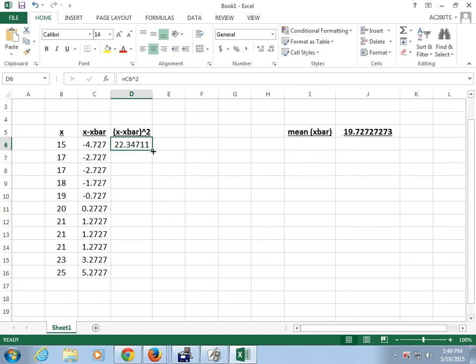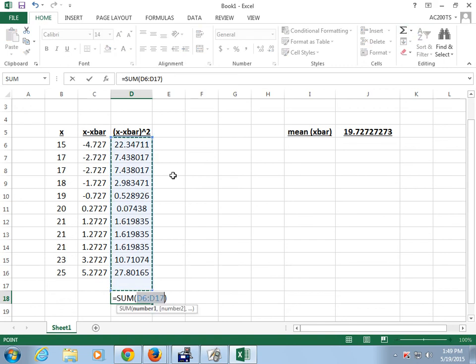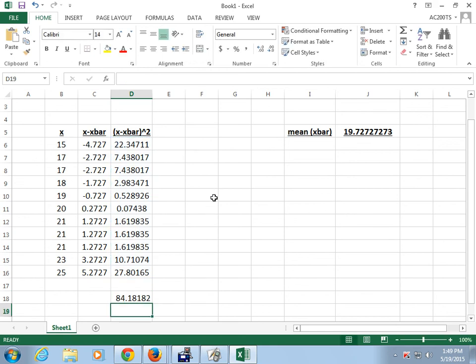Copy those down. And you should get those numbers. Now what do you do to X minus X bar quantity squared? Add it up. That's right, class. And there's my number there. So for my variance and my mean and standard deviation, I'm ready to go.